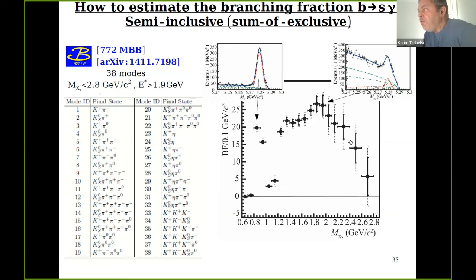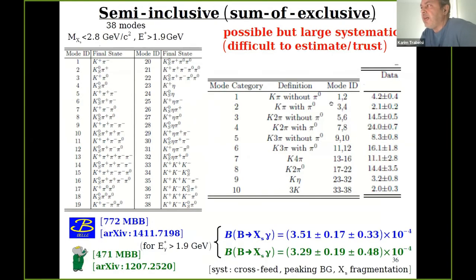It means feeding from the other modes, which you have to understand to sum up each contribution properly, without double counting and screwing up your result. So very clean on one side, but becoming very dirty and very unreliable on the other side.